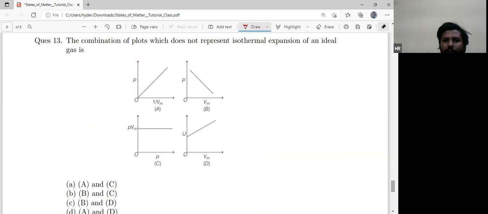Just read the question. Combination of plots which does not represent, and we have these options. Please do it.